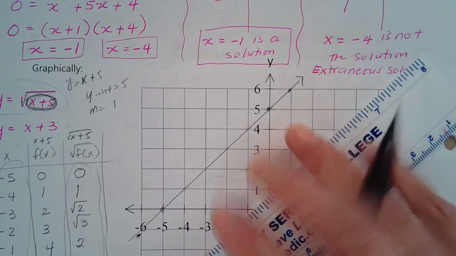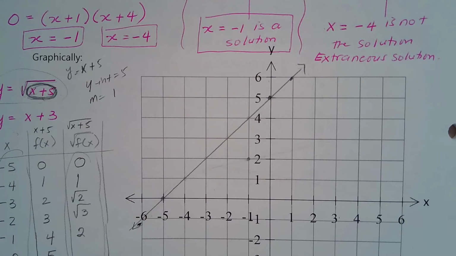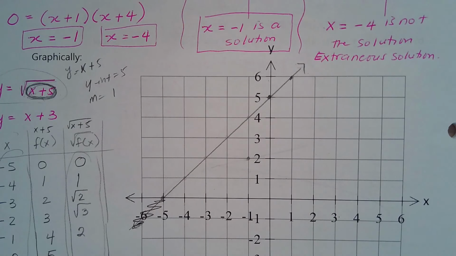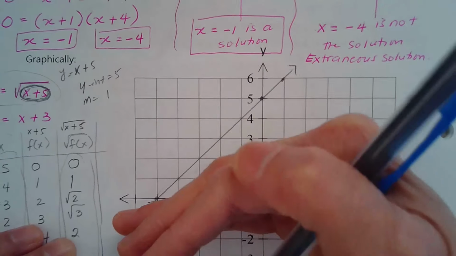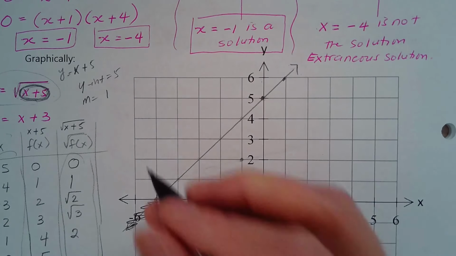Okay, yeah, so there's your line. That's your function. What did we do? Yesterday, we disregarded this part here, right? Because we cannot take the square root of a negative value. All of these are negative y values, so get rid of that one. So starting in here.